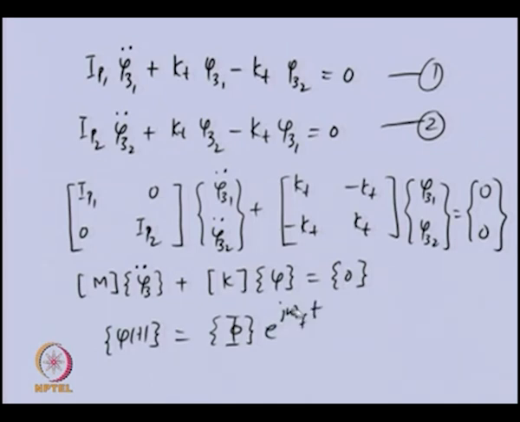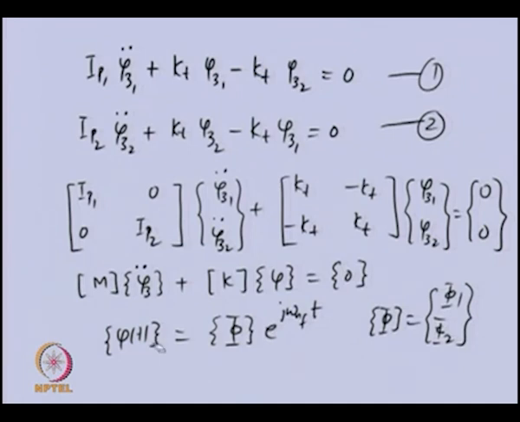Omega nf is the natural frequency of the system, the torsional natural frequency of the system, and the amplitude and phase information will be here. The form of this amplitude will be like this for both the discs.